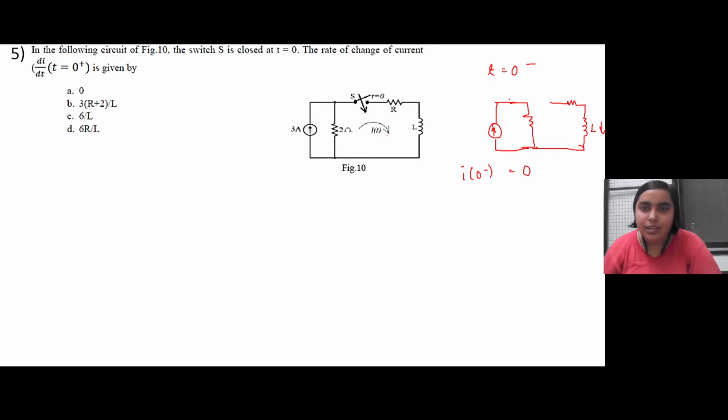Now as soon as this switch is closed, this inductor will oppose the flow of any current. So it will behave as if it is an open circuit and no current will flow. So at time equal to 0 plus, the current through the inductor will initially be 0, right? Now for time equal to 0 plus, since the switch is closed, the circuit will look like this.